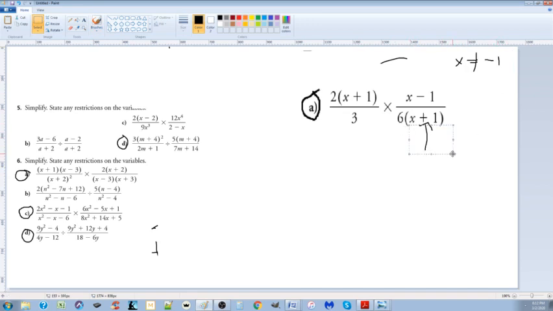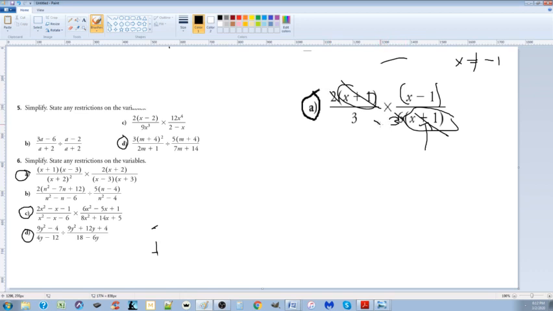Now let's look at commonalities. This 2 is multiplying this, and this is multiplying that. We can put it in brackets to make it clear, because it's a tied term with the minus. So it's all multiplying going up here. There's an x plus 1 here and an x plus 1 there. They cancel out. There's a 2 up here. It can go into the 6 3 times.